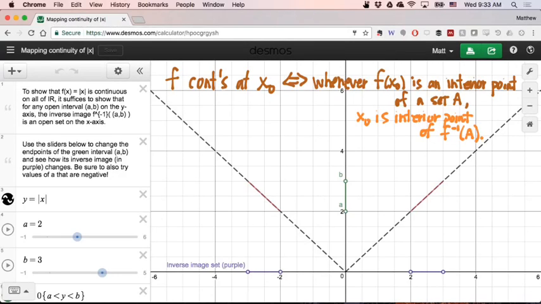So on this particular graph, supposing that I choose some point which is interior to this open interval from A to B, and let me call this point y. Y is interior to the open interval from A to B. Then if there is a point x such that f of x is equal to y, and in this particular example there are two different points, I'm just going to pick on one of them.